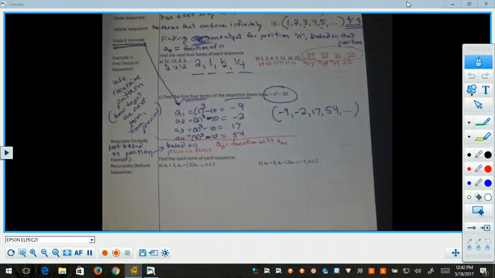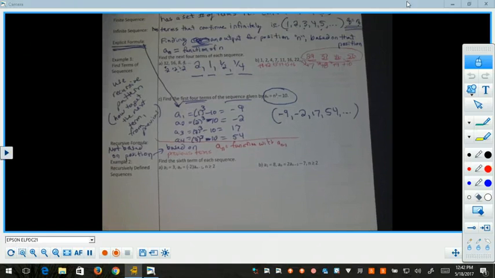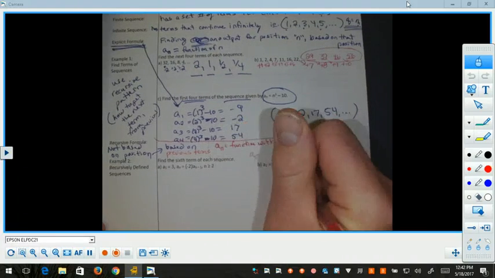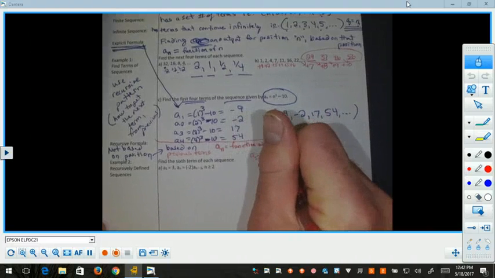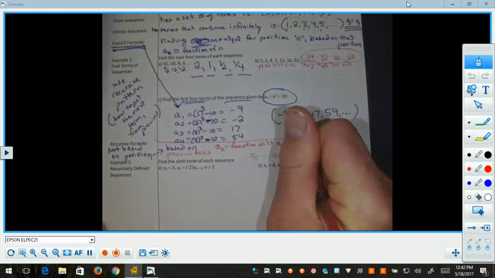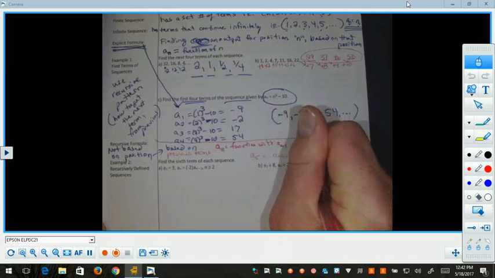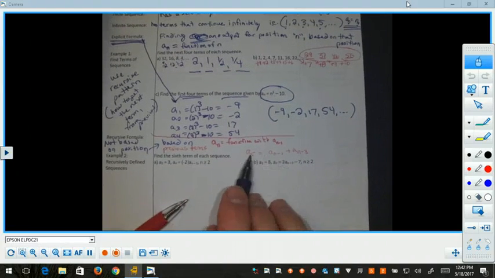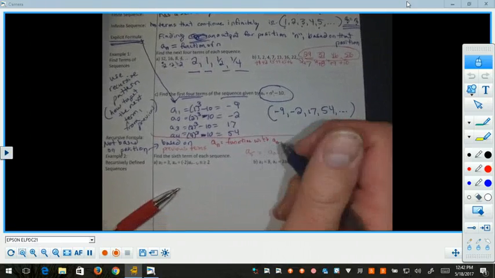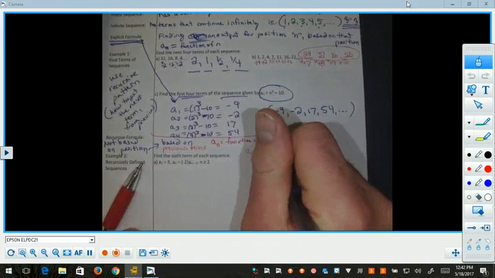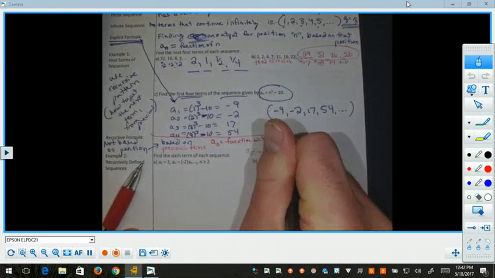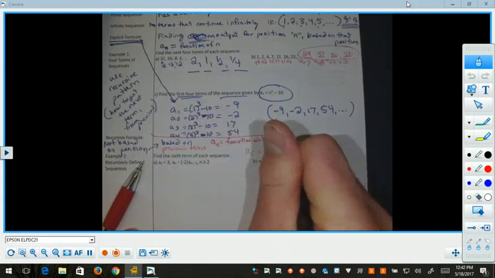So if I were going to find a sub 5, and it involved a sub n minus 1 and a sub n minus 3, then I wouldn't plug 5 in. n minus 1 means go back to the 4th term, so find the 4th term and plug it in.